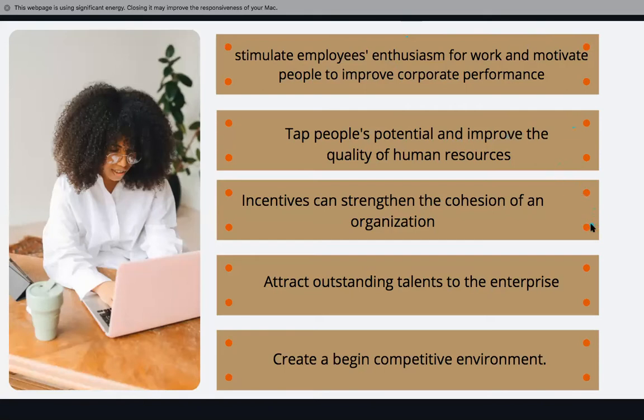In a competitive environment, the members of the organization will receive environmental pressure, and this pressure will turn into the motivation for employees to work hard. As Messinger said, the competition between individuals is one of the many sources of motivation. Here, the motivation in terms of employees becomes an indirect result of motivation.